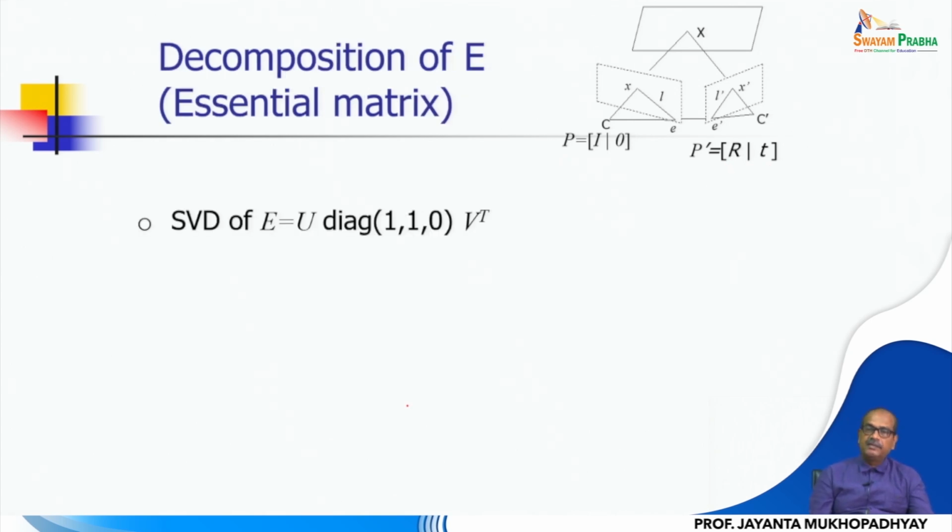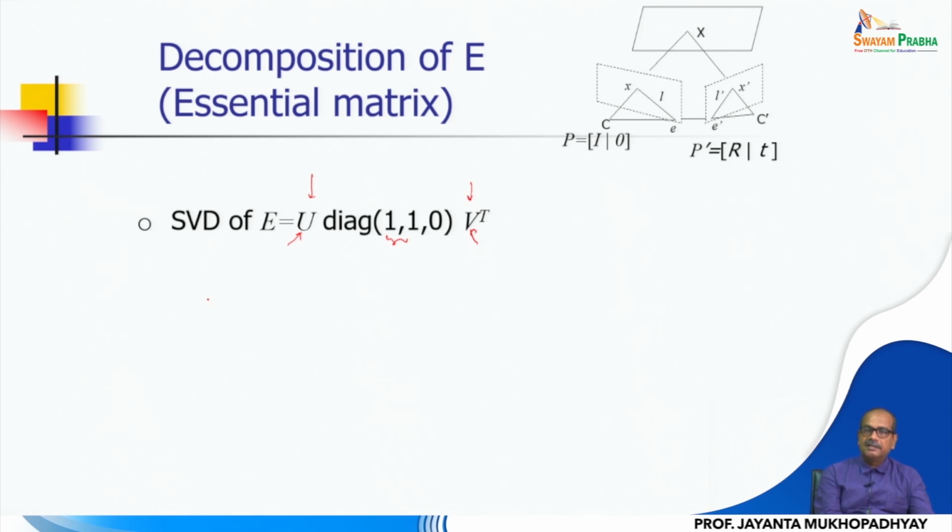Suppose you take the singular value decomposition of E. Because of that property, both the singular values are equal, and you can adjust the respective column vectors on the two sides so that the singular values are scaled to 1. Now, you get these matrices U and V, which are defined with respect to a particular E.